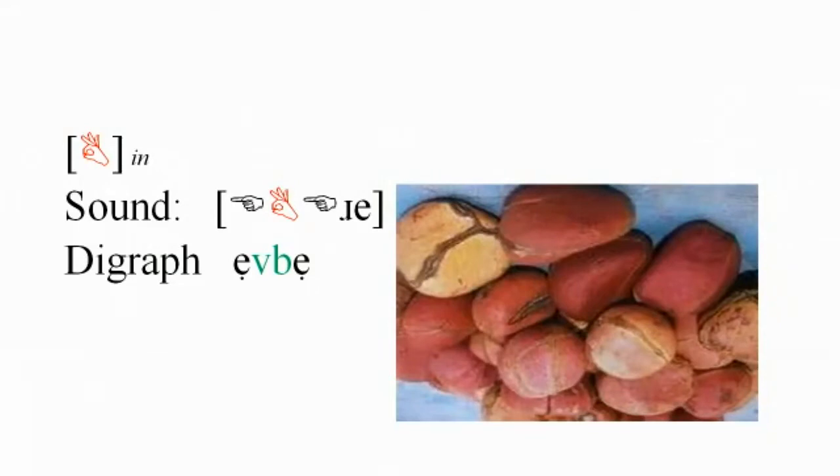Then you have the V represented by the digraph VB in array. But many people will pronounce array because the base form, the original form is array. Okay? And this is part of the inconsistencies in the writing system of Nigerian languages, introduced by the British.